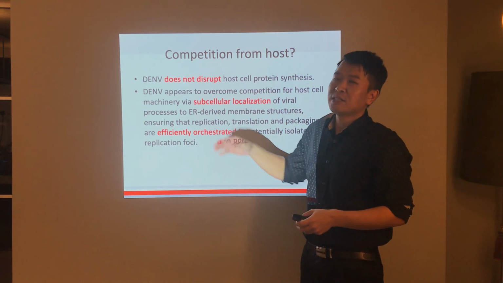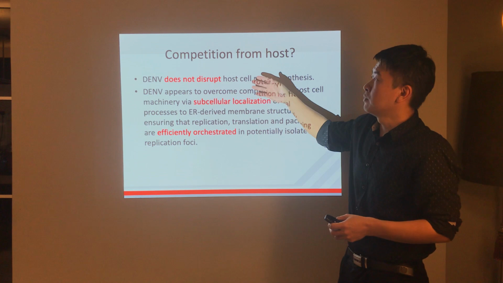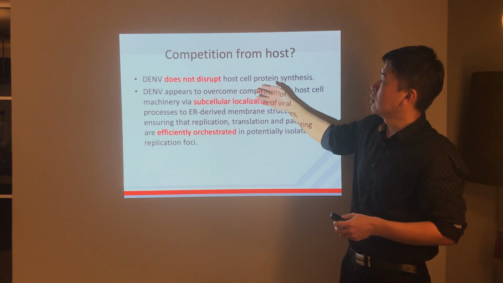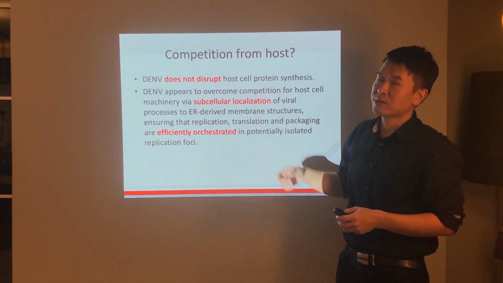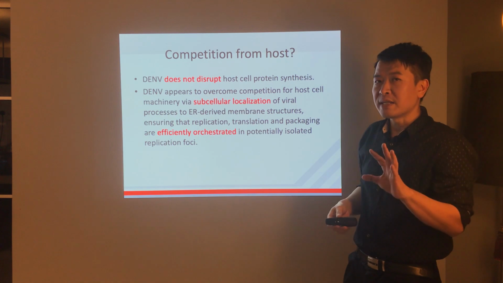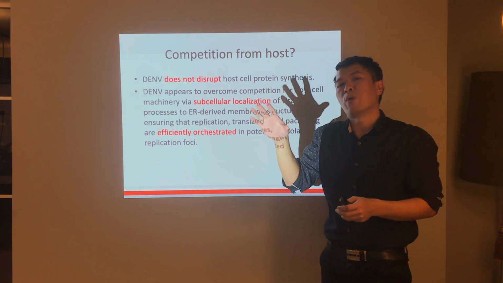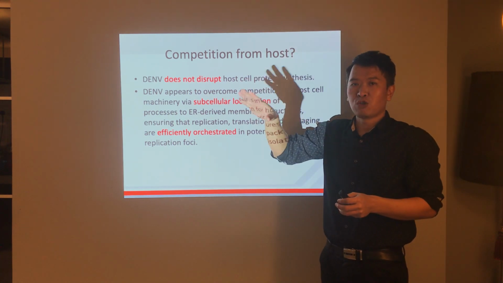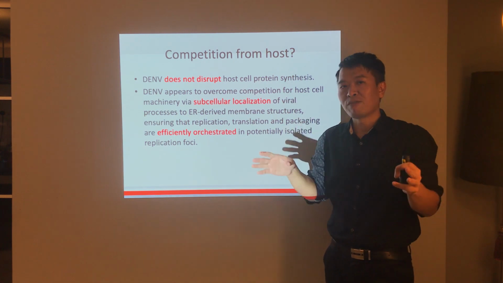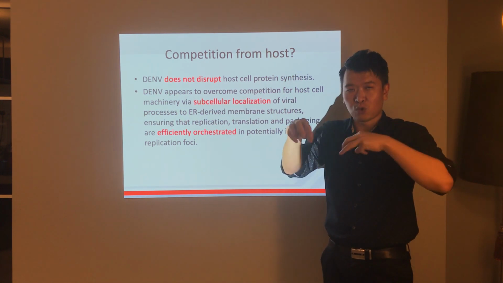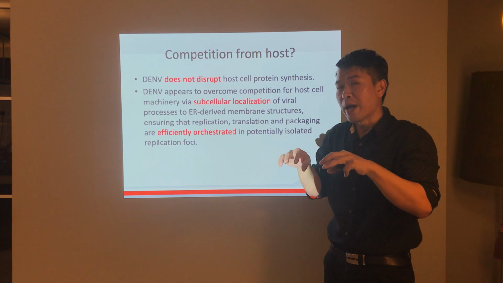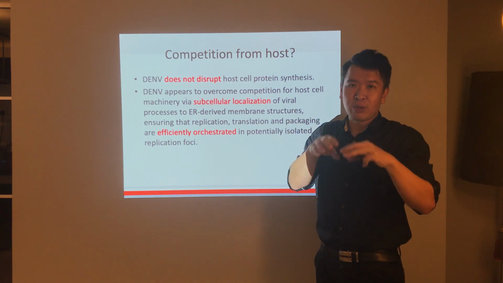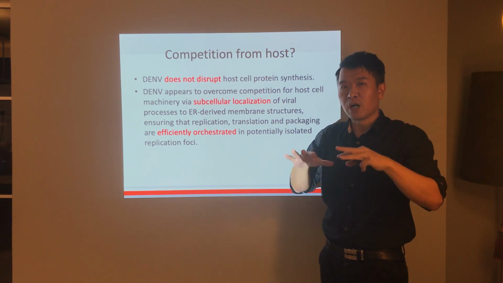So for dengue virus, they do not disrupt the whole cell protein synthesis. Instead, remember when I said the RNA will travel to the rough ER, and we know rough ER contains a lot of ribosomes. That is where, when the RNA is present there, they will start producing a lot of protein.